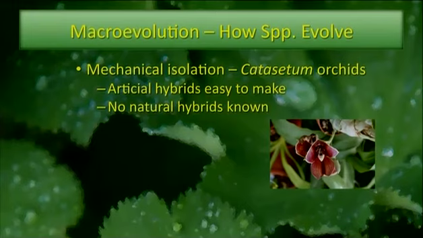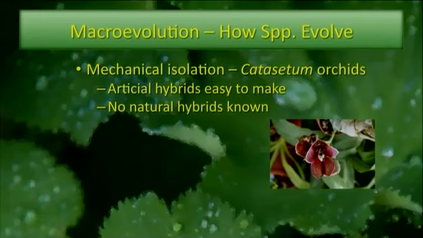That is, among the four species, there's no crossing between them, even though all of them are pollinated by the same species of bee. What happens is that in the male structure of the flower, there are trigger hairs, trigger points, and when you hit the trigger, it will actually fling pollinia onto the bee.